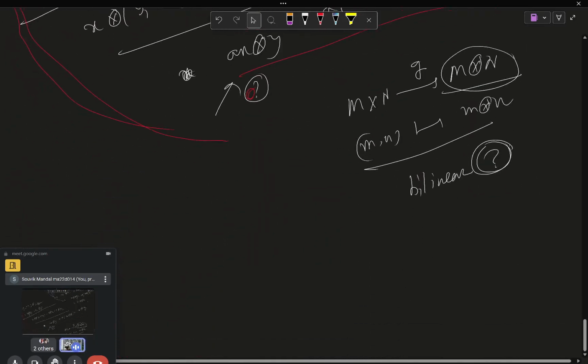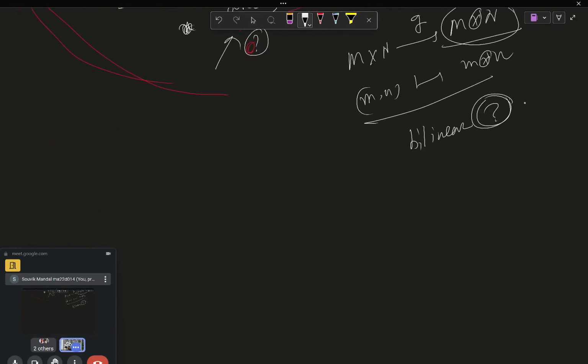In order to check bilinearity, we need to check whether g of (m1 plus m2, n) is equal to g(m1, n) plus g(m2, n).